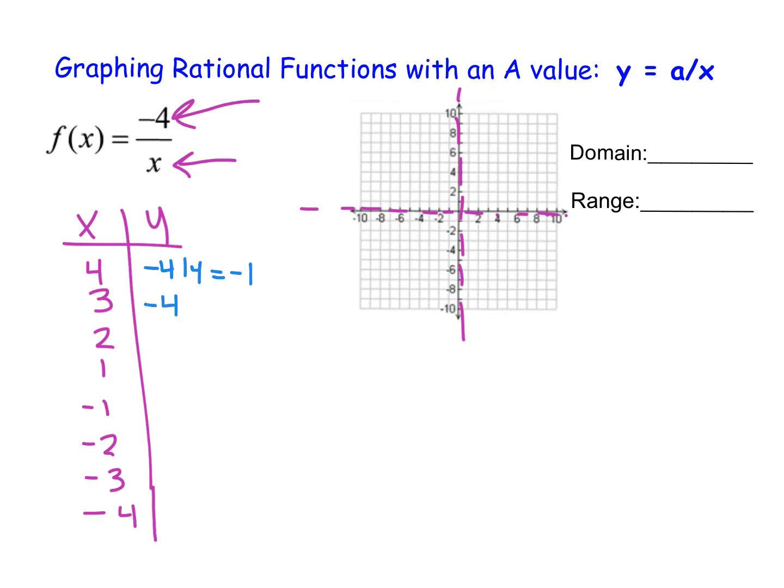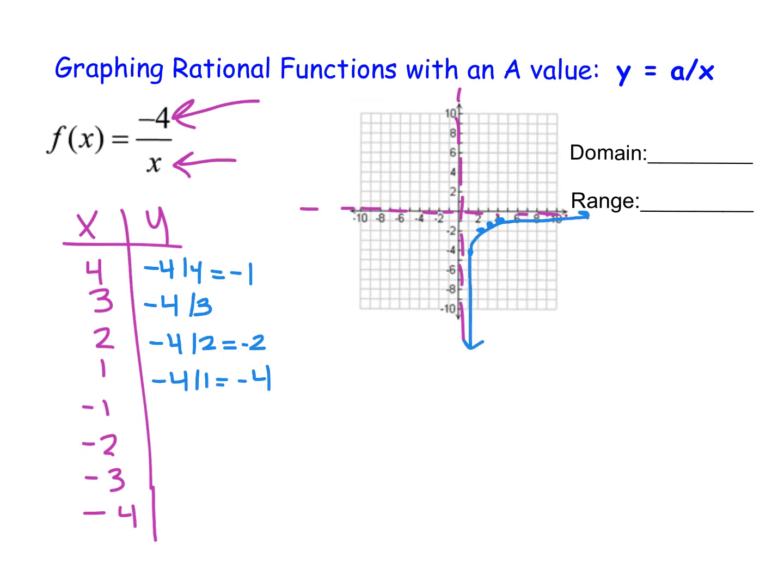Then I have -4/3. -4 over 2 is -2. -4 over 1 is -4. So if I go to my graph, I have x is 4, y is -1. And then x is 3, it's a little bit more negative, then we're at 2, then we're at 1, so I can see that same general hyperbola shape here.